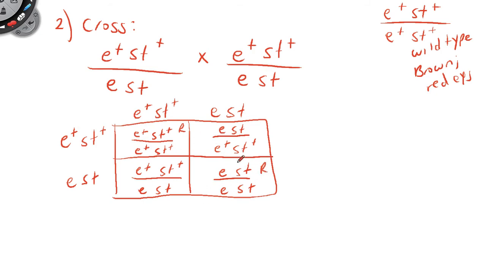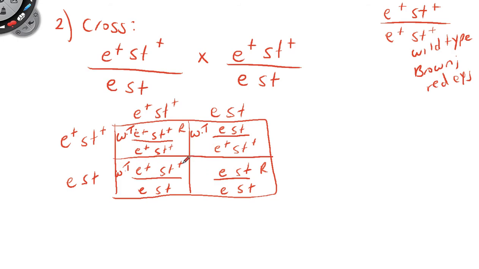But if you just want to count how many wild types you have, let's see. You have, this is wild type. This is wild type. And this is wild type.